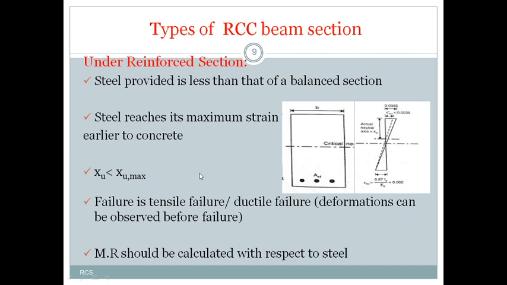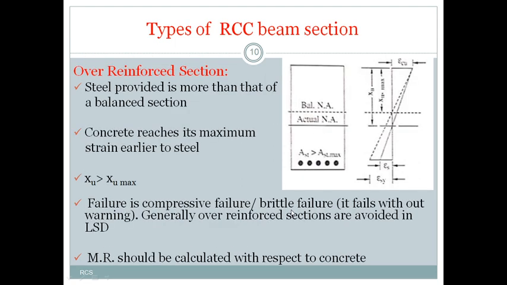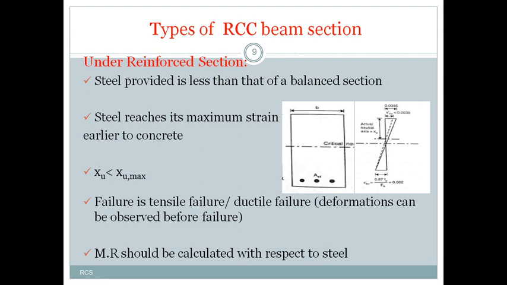And from the safety point of view, as steel is a ductile material, in an under reinforced section it will reach its maximum strain value first, before concrete reaches its maximum strain value. That's why, before failure, steel will give sufficient warning before its collapse. So the designer prefers the under reinforced section, in terms of economy and also safety.